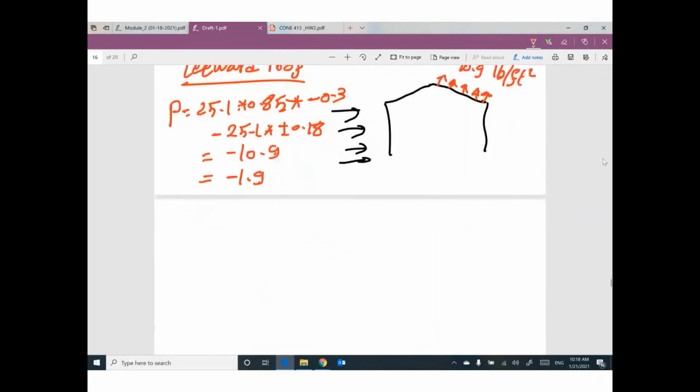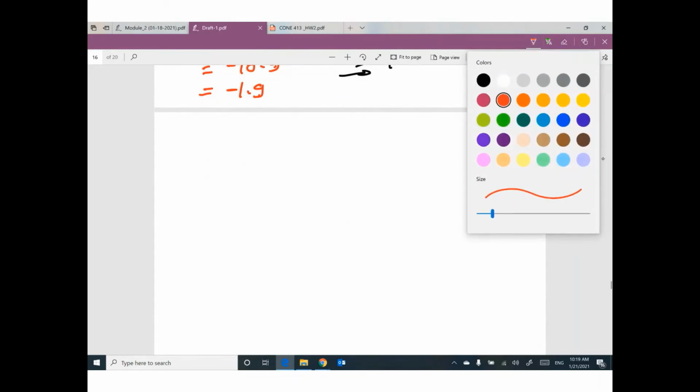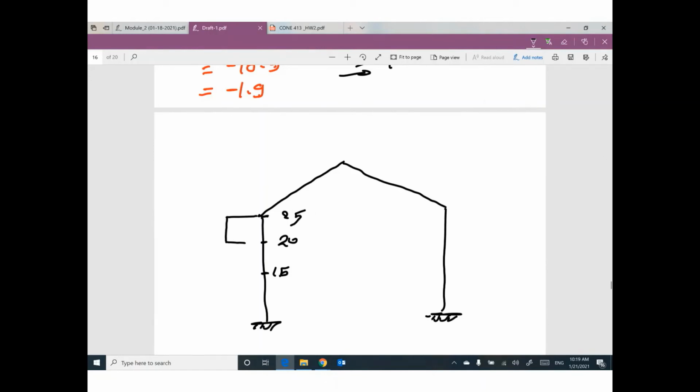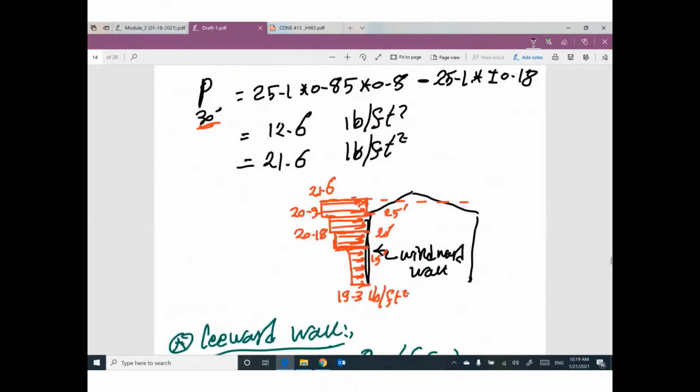So the final conclusion for this problem: we have a building that looks like this. In this direction, from 0 to 15, from 15 to 20, from 20 to 25, we have three values like this. Do you remember that? Go back. Yes.